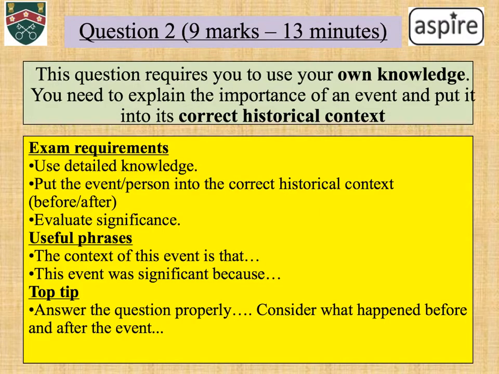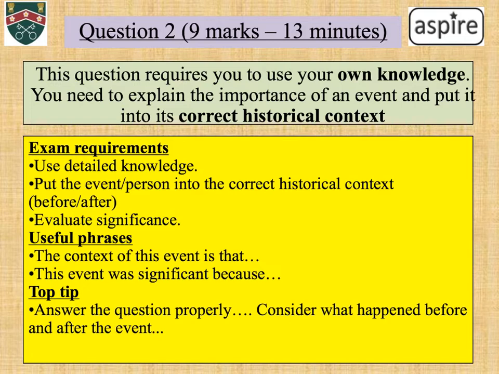Question 2 is worth 9 marks and you're going to spend around about 13, maybe 14 minutes on this question. This question simply requires you to use your own knowledge, but you often need to explain also the importance of an event and also try and put it into the correct historical context, and that means thinking about what happened before an event or indeed what happened after an event.